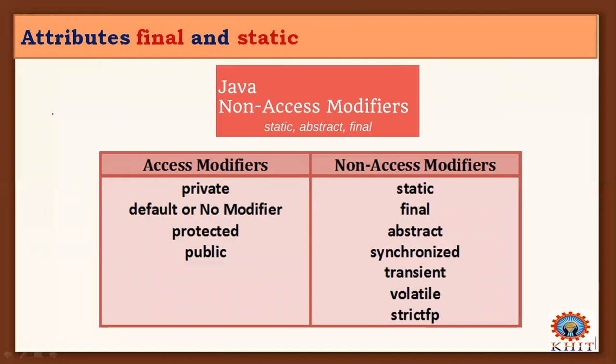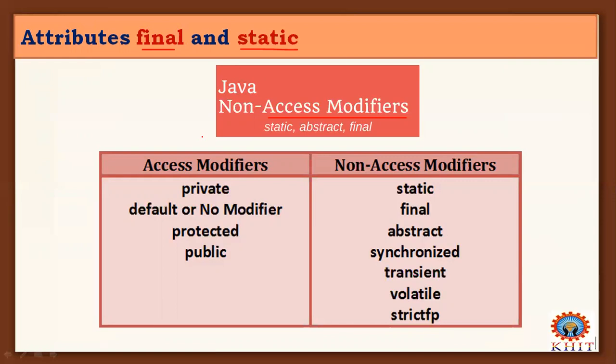Coming to the topic here, the final and static keywords. Generally we know that Java consists of some access modifiers like public, private, protected and default. For class members, methods and even classes we specify these access modifiers.